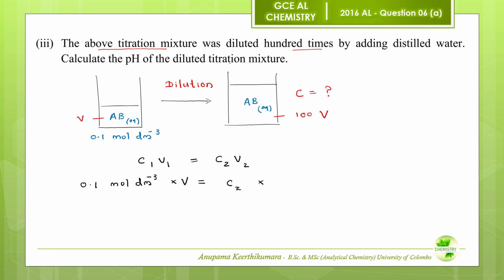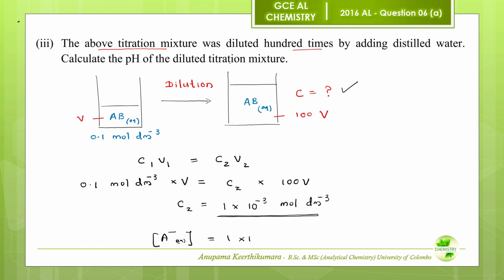The new volume is 100 V. C2 is 0.1 divided by 100, which is 1 × 10^-3 moles per cubic decimeter. Now, we have calculated the concentration of this diluted solution. That means the concentration of the conjugate base A minus in this diluted solution is also the same, 1 × 10^-3 moles per cubic decimeter.